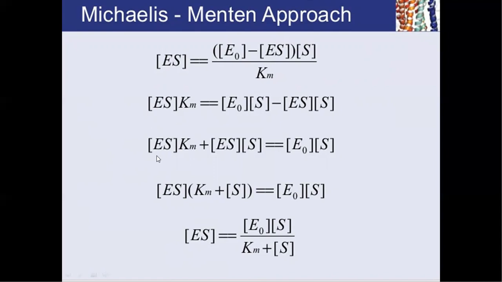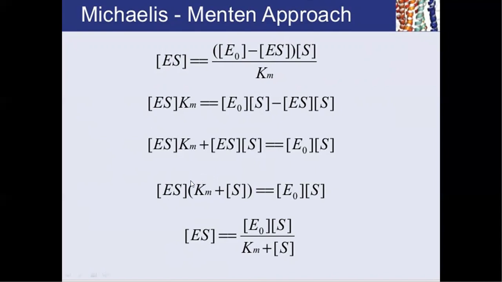now we can write it as ES into Km plus ES into S, which is equal to E naught into S. Here the ES portion is common in these two components, so we are taking it as common.